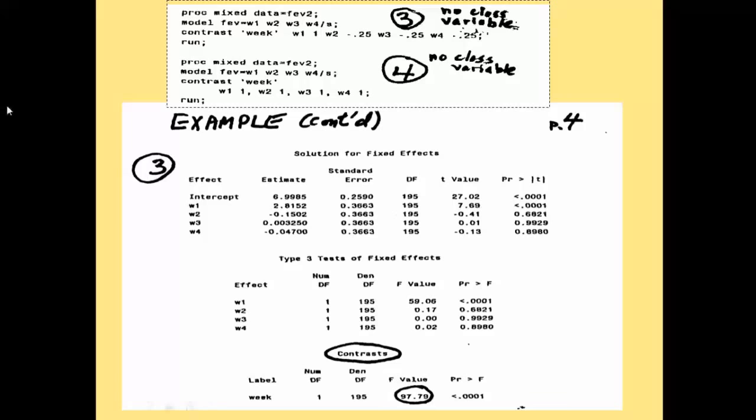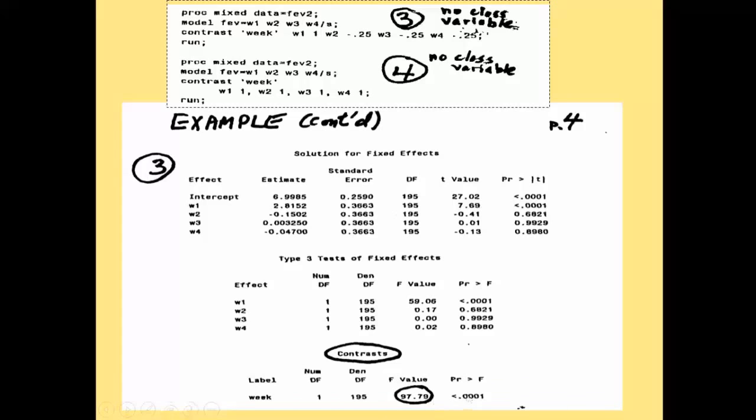If I had written estimate week, W11, W2 minus 0.25, what would I be estimating? 2.8637. I'd be estimating beta 1 minus beta 2 plus beta 3 plus beta 4 over 4. So this is testing whether beta 1 minus beta 2 plus beta 3 plus beta 4 over 4 is significant or not. It's testing whether this 2.8637 is significant or not. And you notice that it's got an F value of 97.79. See that? And that's highly significant.